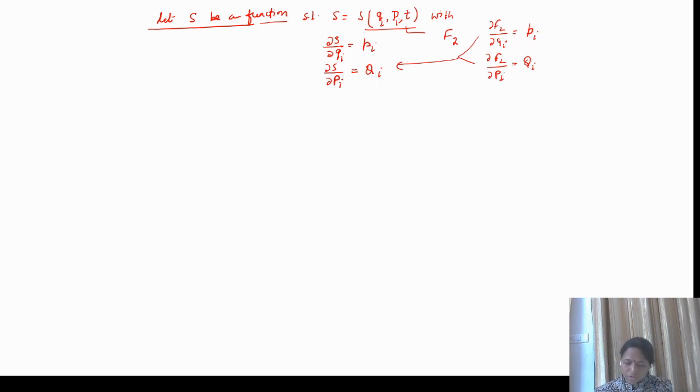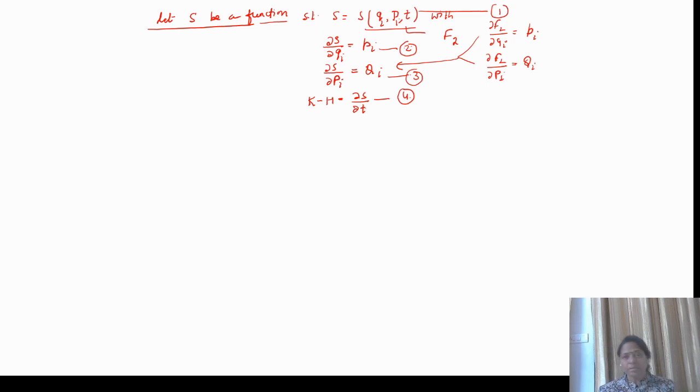So first of all, you have considered this function such that this is satisfied and this is satisfied. Further, K minus H is equal to delta S by delta t. We also get this for F2 or for S.